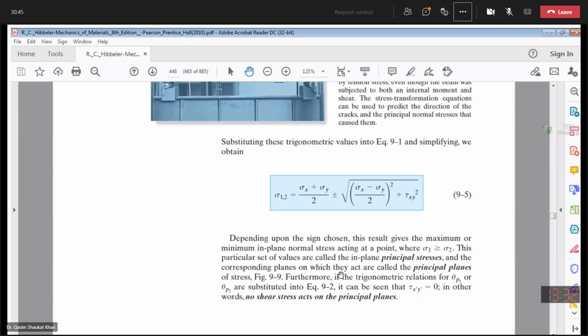Furthermore, we have studied that over the principal planes, your shear stresses will be zero.